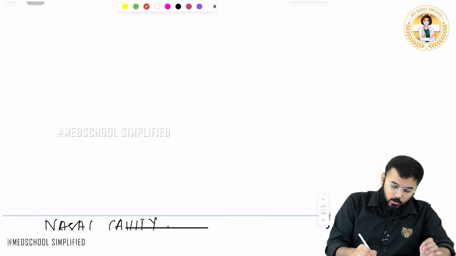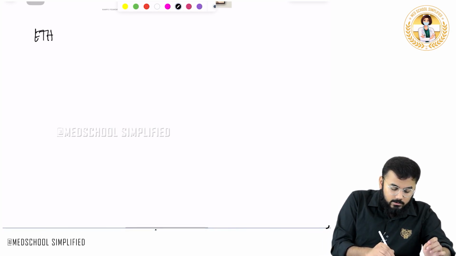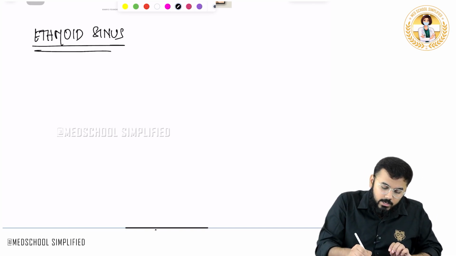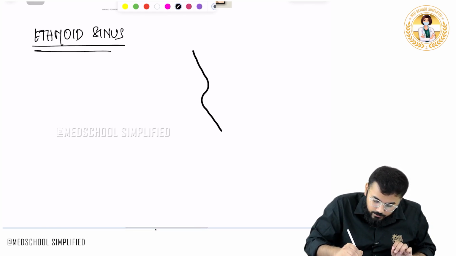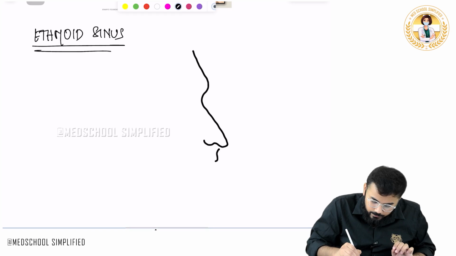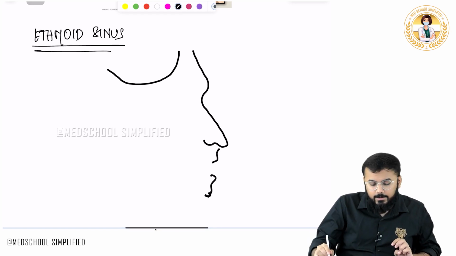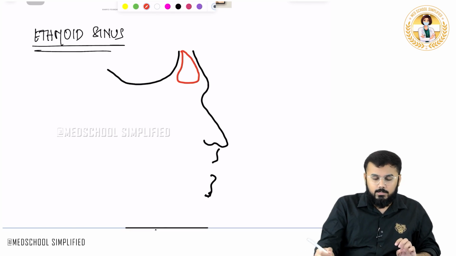After that, the next important sinus which we shall be discussing right now is your ethmoid sinus. Now, when it comes to the ethmoid sinus, you need to understand one very important picture. This is your anterior cranial fossa here, and you very well know that the sinus present in the frontal region is called the frontal sinus.